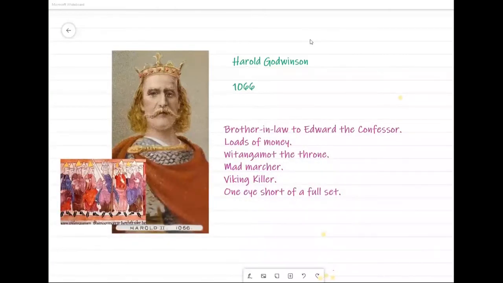But I did say there were 3 people who had been promised to be king, and one of these lives over the sea in Normandy. We'll see him in a minute. But his name is William, the Duke of Normandy. He was promised to be king by Edward the Confessor, because when Edward the Confessor was in a bit of trouble, some lords started a rebellion against him and started to try and take over his kingdom.